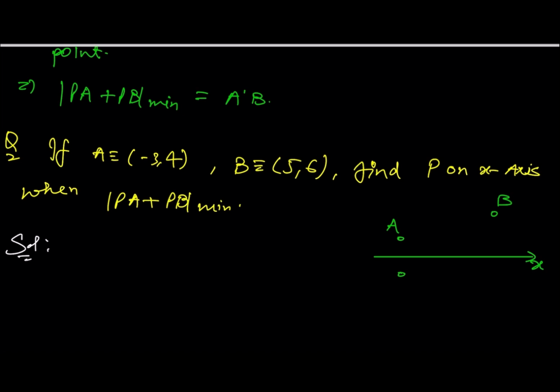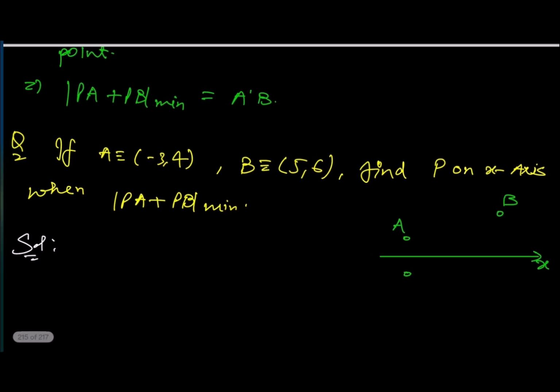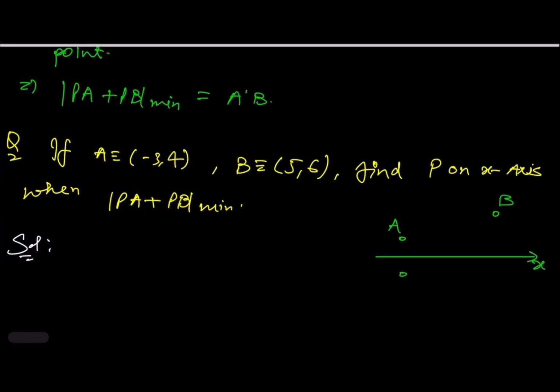So what are the steps? Step 1 is finding image of any one of the given points. So if I use point A, this will be A dash, which will be minus 3 comma minus 4 because line is x-axis. So you can find image very easily.